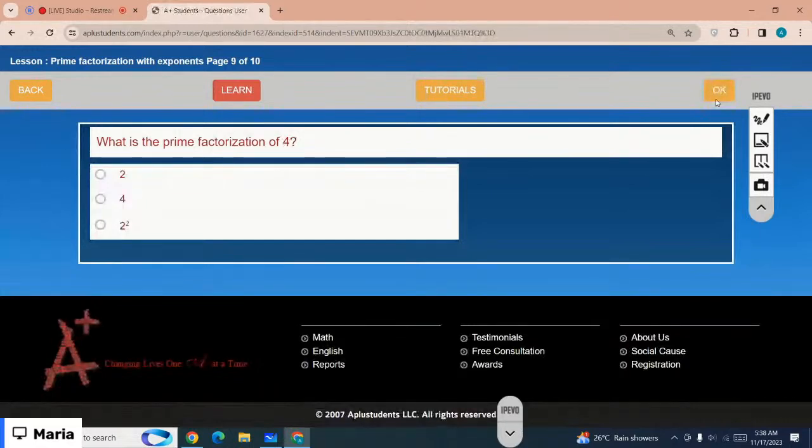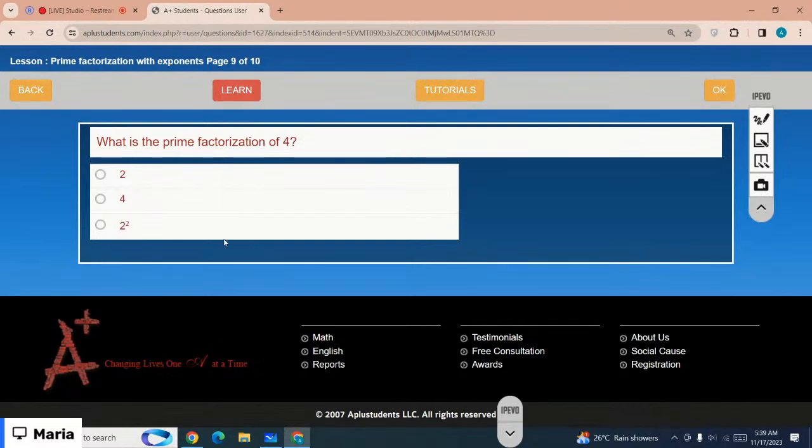What is the prime factorization of 4? Yes, that is 2 square.